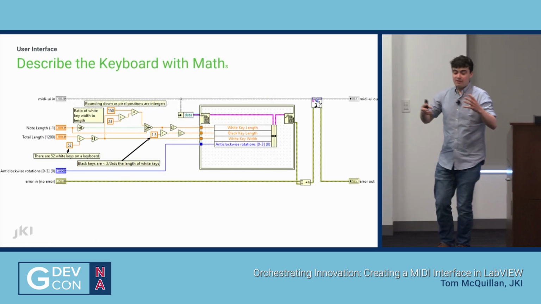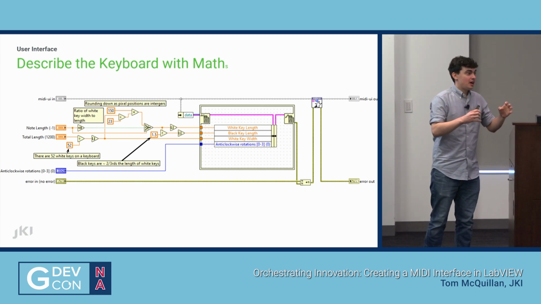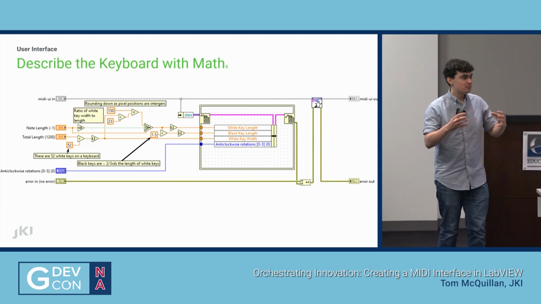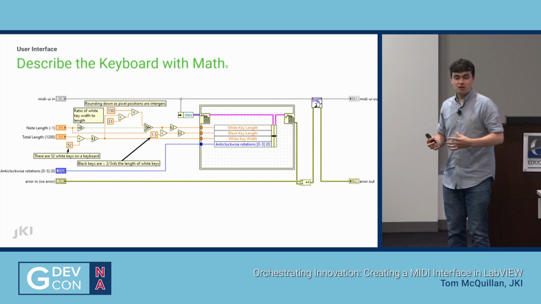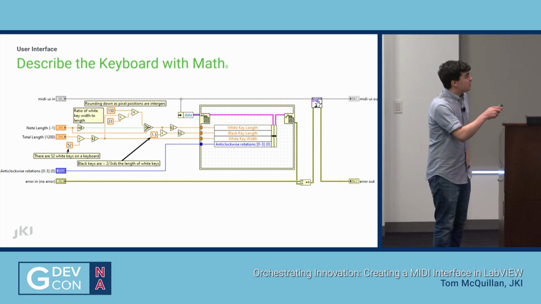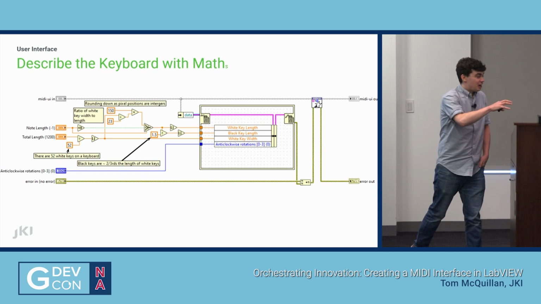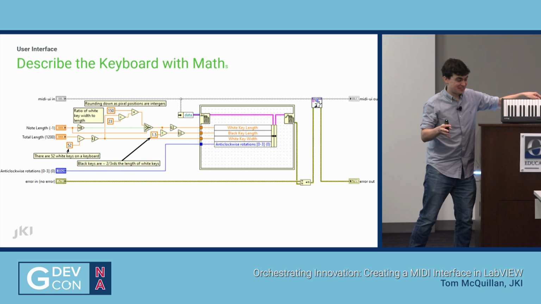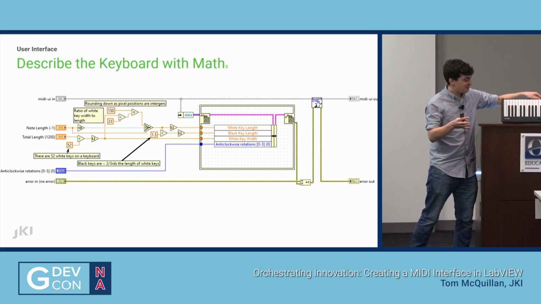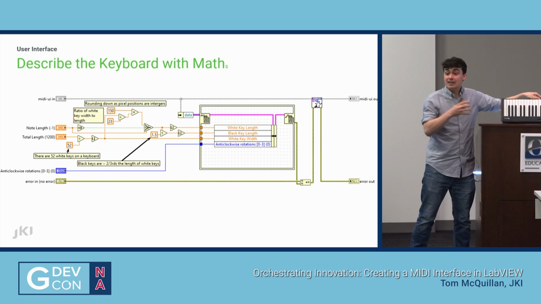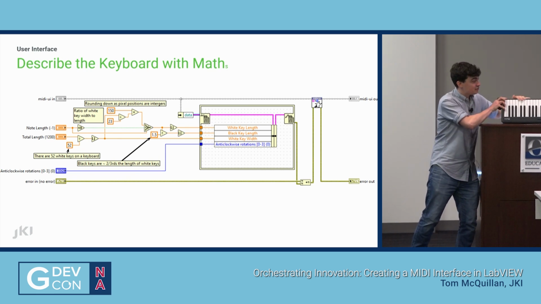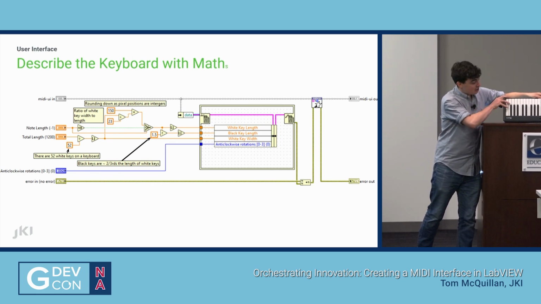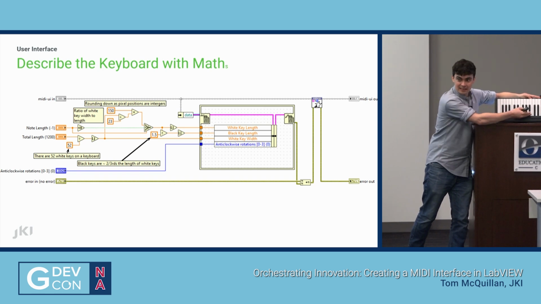Okay, so the way that I created that user interface was to use a 2D picture control. And with 2D picture controls, you just need to be able to describe a thing using math, or maths if you do it more than once. So this piano, this was extremely cheap off Amazon just for this presentation, so I'm not too hopeful for it. But I can describe this using math because it has 55 white keys, or if it was a proper sized piano, 55 white keys on this side, but on this side it has 88 keys.